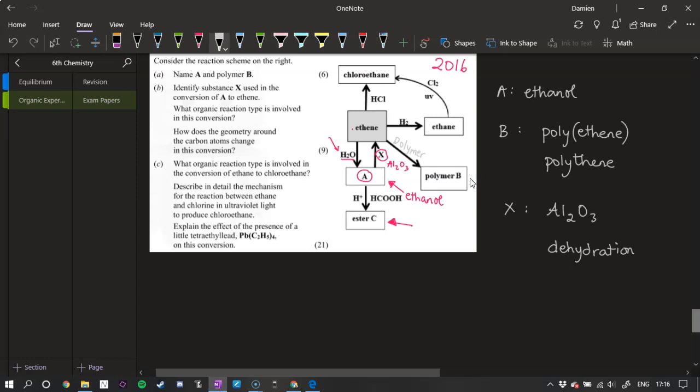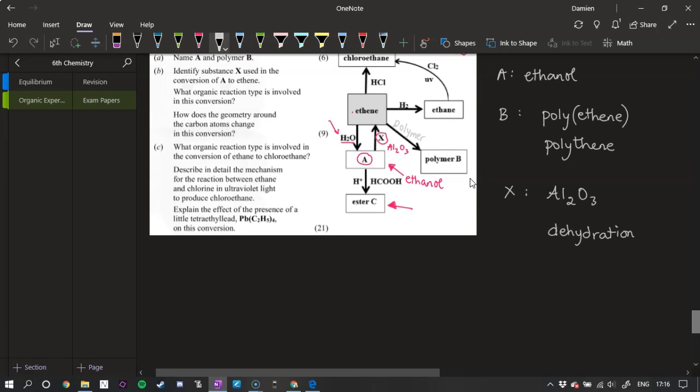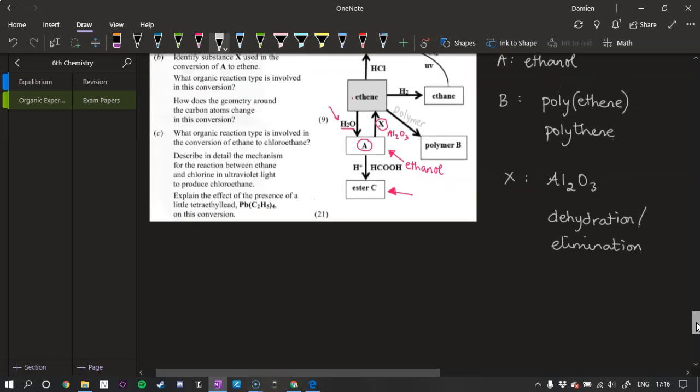But again, if you really wanted to be specific on this, what I would say here is don't just put in dehydration, put in elimination as well, because you're eliminating the water from an alcohol molecule. Again, all of this is explained very clearly in the previous revision videos. So we've that done now as well.